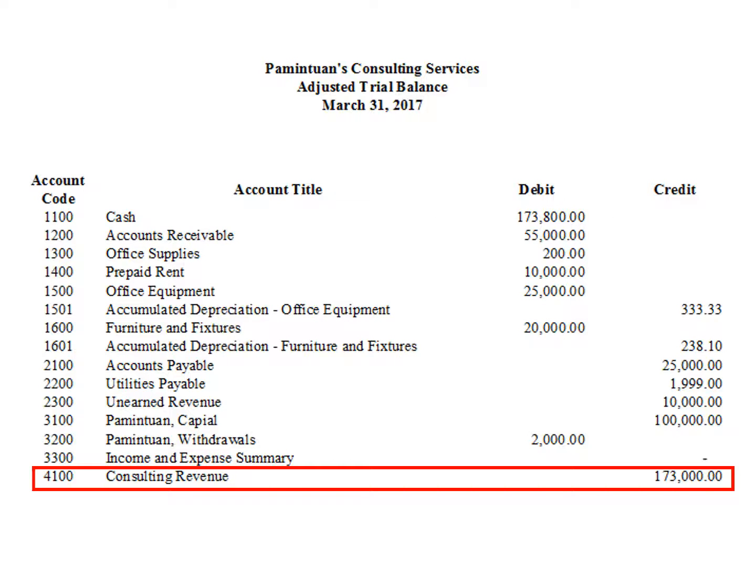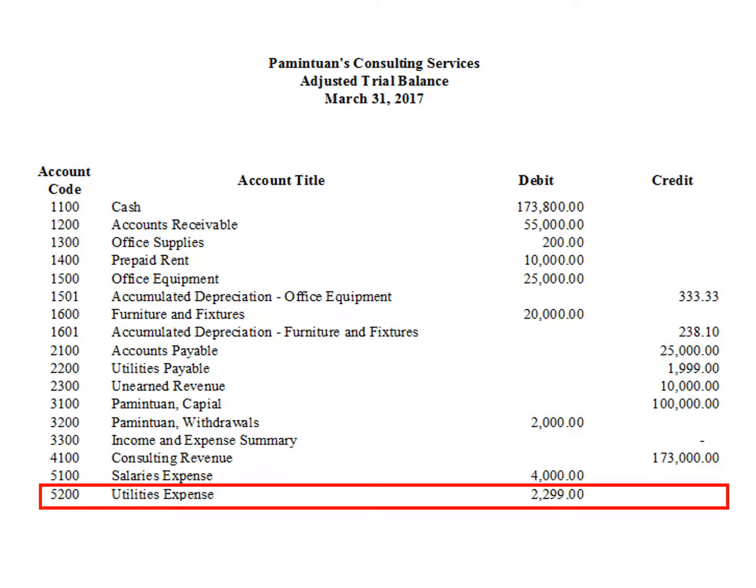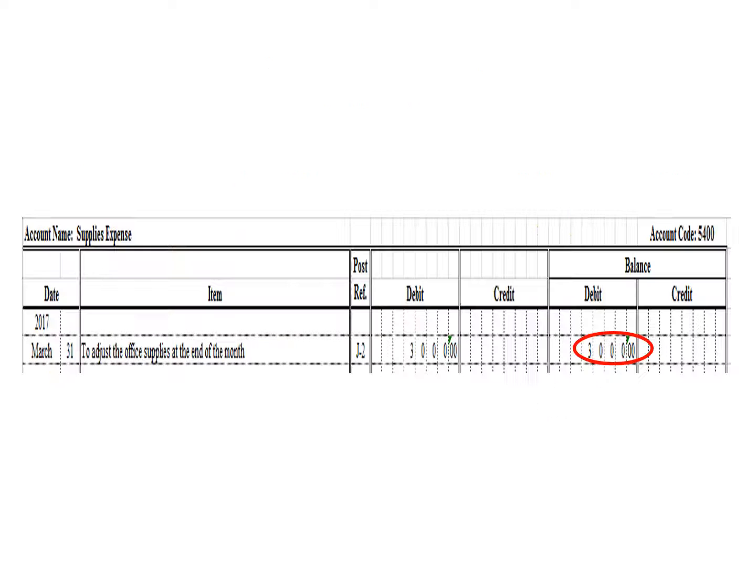We write the corresponding balance of the consulting revenue account under the credit column, 173,000 pesos. Utilities expense ledger has a debit balance of 2,299. We write its corresponding balance in our adjusted trial balance, 2,299 pesos debit.